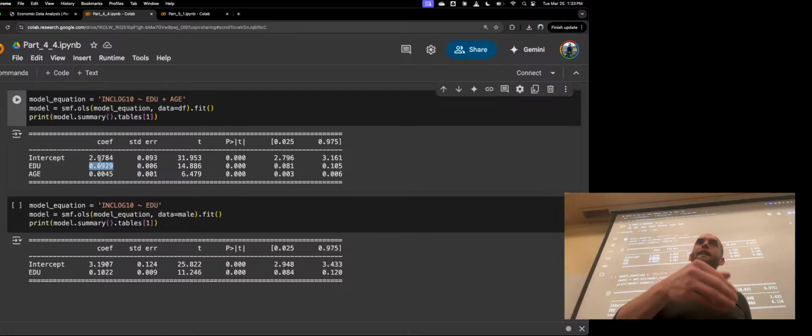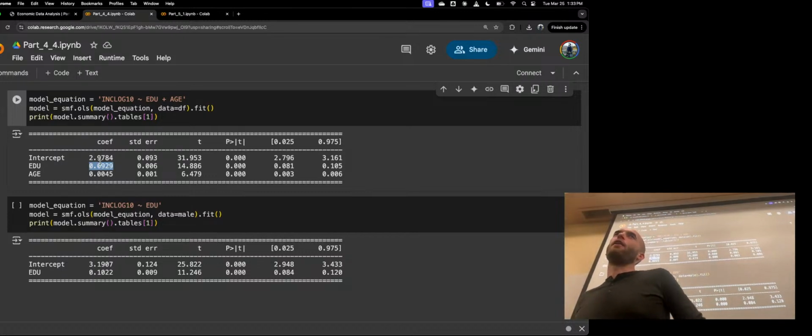If we included it in our model, that would change the coefficient. So the more things we include in our regression, the more we change the estimate of the regression model. But so many things we just can't measure.